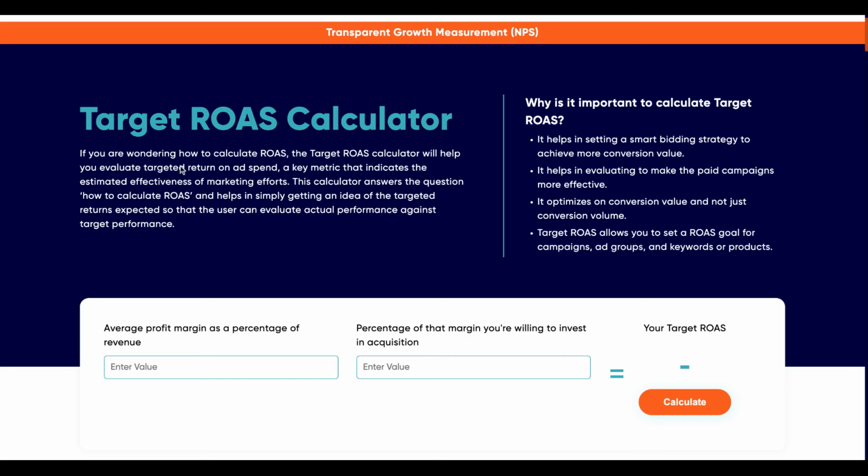So where particularly should you use target ROAS? The goal of the target ROAS bidding strategy is essentially to maximize your overall revenue generated from your advertisement spend. So how is it distinct from other bidding strategies? I'll walk you through it one by one. Imagine you run a shoe store and want to launch an advertisement campaign to acquire new customers, and you have products with varying profit margins.